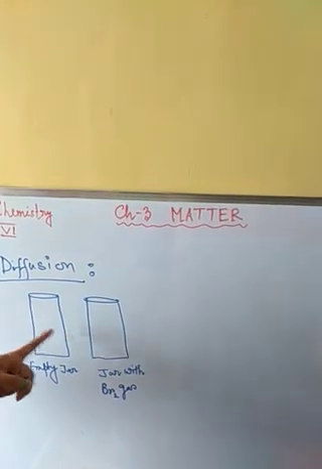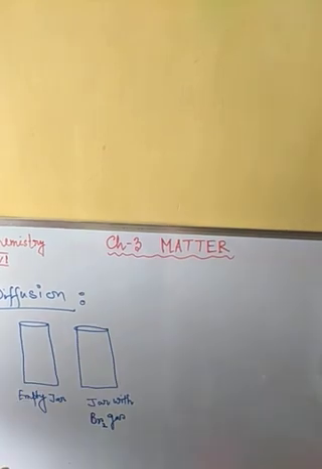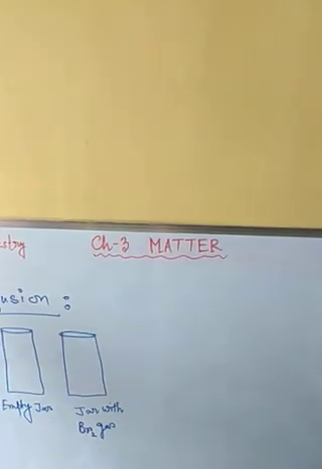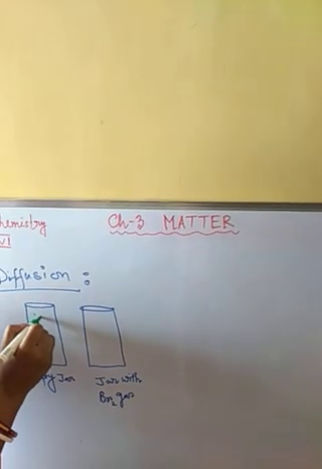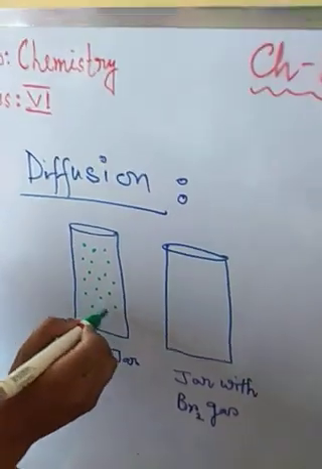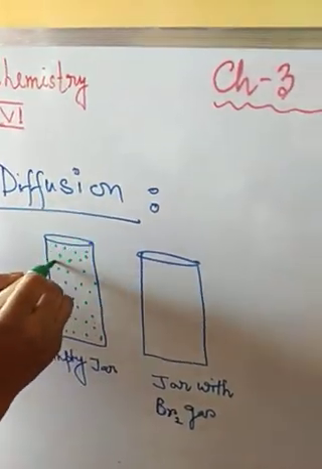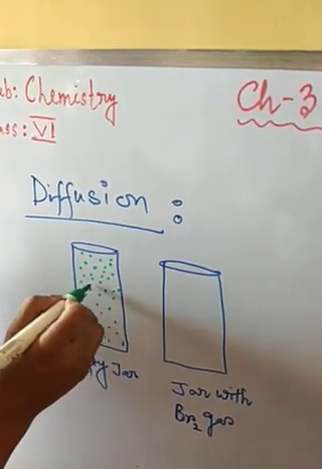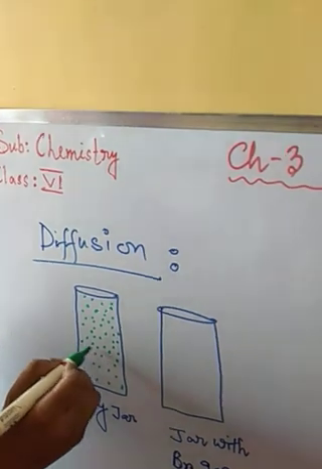Here we have taken two gas jars. One is an empty jar. Actually this is not empty. Anything which is empty, we can say that air is there. So let us draw the air particles in this manner. With the green dots we are representing the air particles, but it cannot be seen, as air cannot be seen separately in this manner.